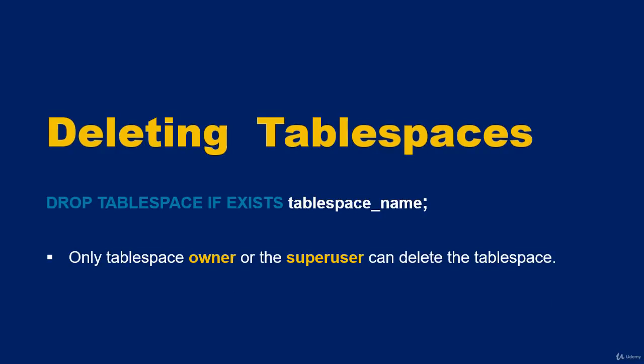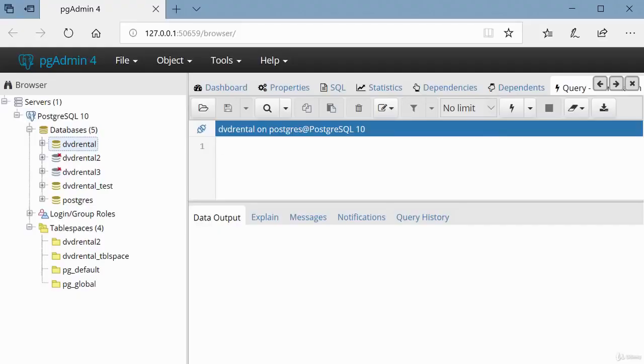Only the table space owner or the super user can delete table spaces. Also, before deleting the table space, you need to make sure that it is empty. What that means is that there should be no database or database objects inside the table space.